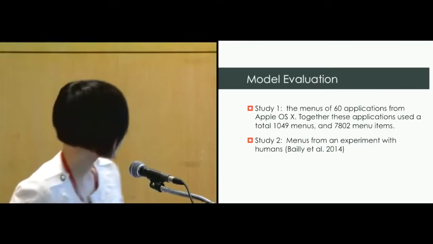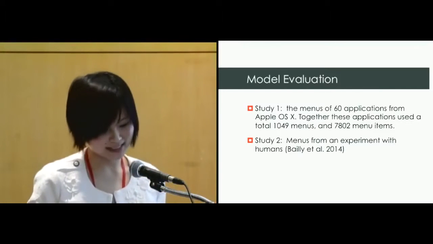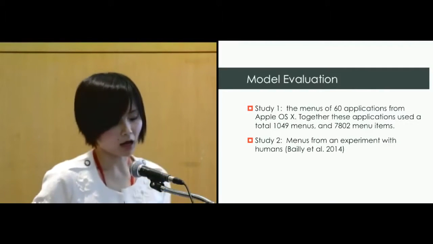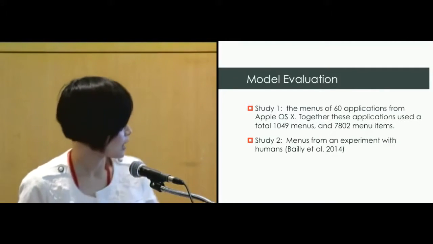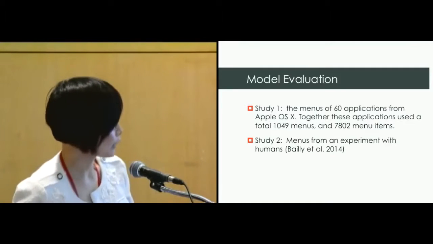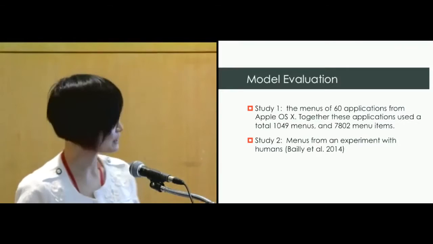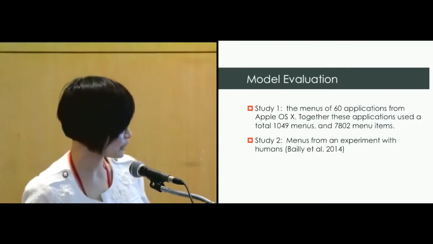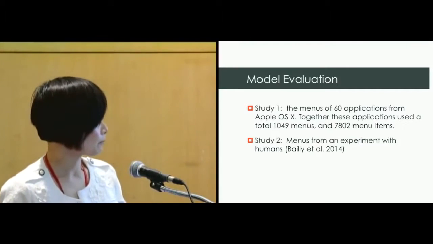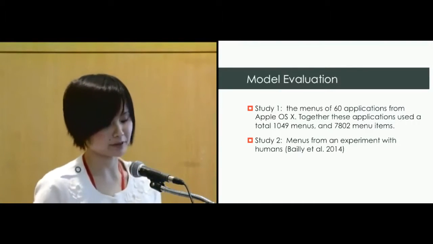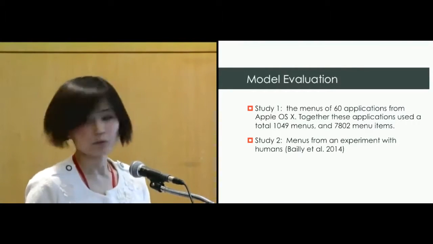We conducted two studies to evaluate the model. The first is on real-world menus, from 60 applications of Apple systems. The second is where the model was tested on menus from experiments with human participants.